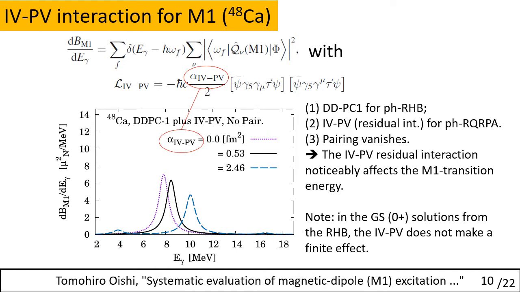From this figure, one can notice that the isovector pseudovector interaction noticeably affects the M1 excitation energy. Also, please note that in the ground state, that is 0+ solutions, in contrast, the isovector pseudovector interaction does not make a finite effect.